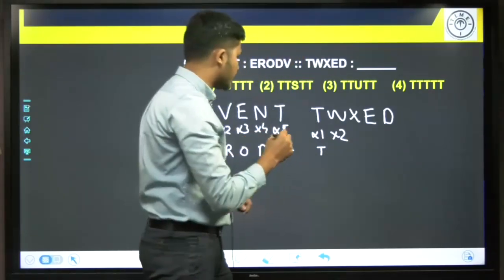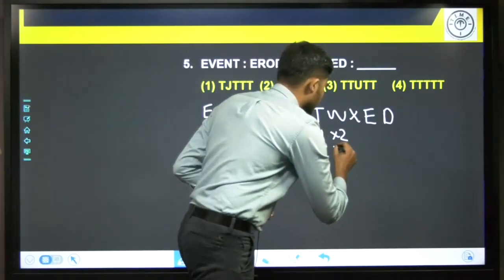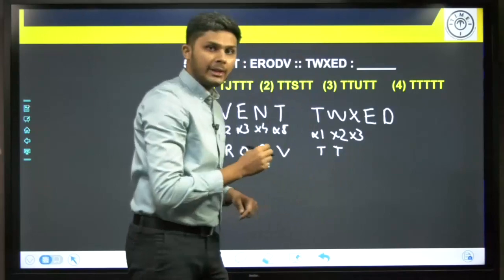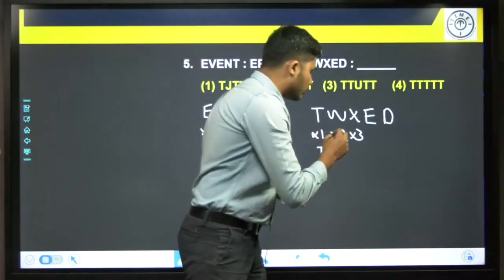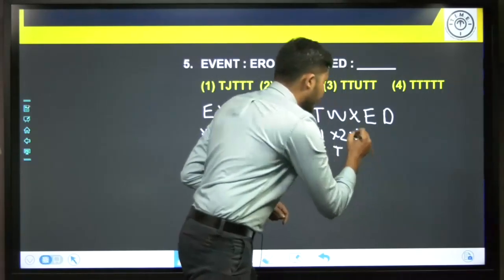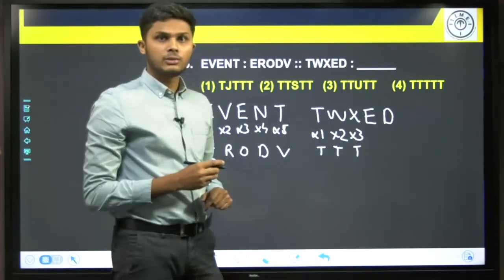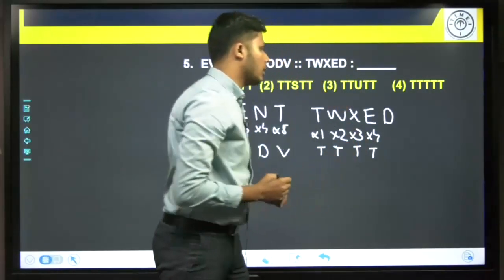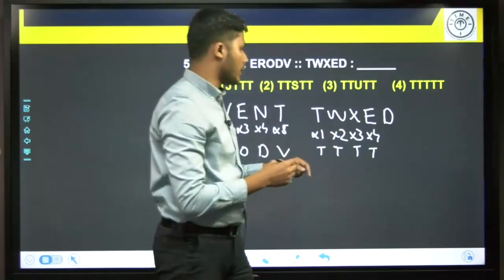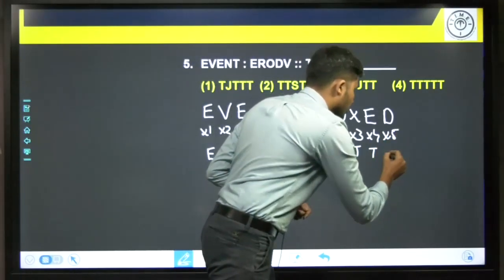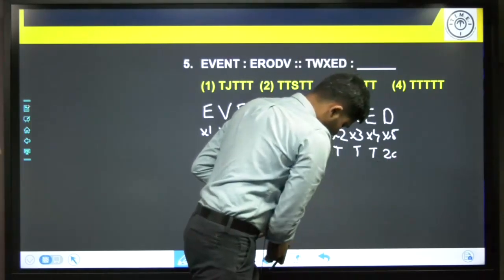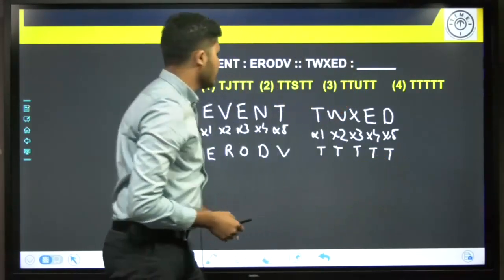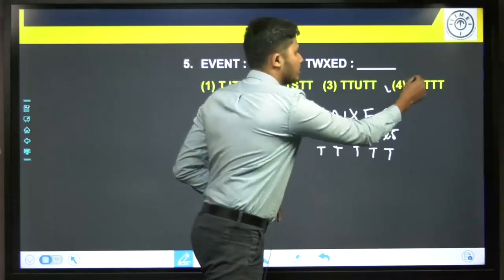The place value of 46 is T. X, which is 24 into 3, which is 72, and the 72nd letter is also T. E, the place value of E, which is 5, 5 into 4, which is 20, which is also T. And D, the place value of D is 4, 4 into 5 is also T. Hence, the fourth option is the missing term.